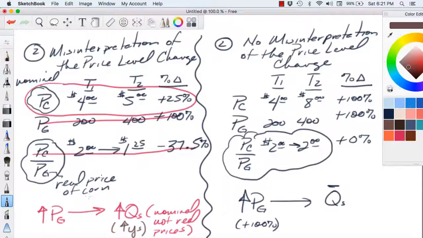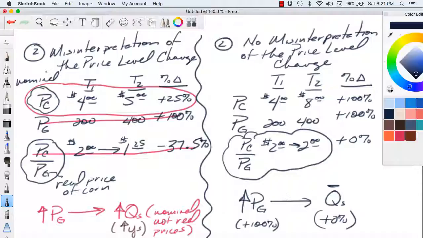So in a world where people are fooled by price level changes, and prices look to be going up, and producers think they're going up when they're not, you're going to get a production response to this higher general price level. But where people are not fooled by the price level change and realize that this is just a general price level change, there's no effect on output. The farmer isn't fooled, and other people aren't fooled, and so you get a vertical aggregate supply curve. Higher general prices in this case have no impact on overall output.